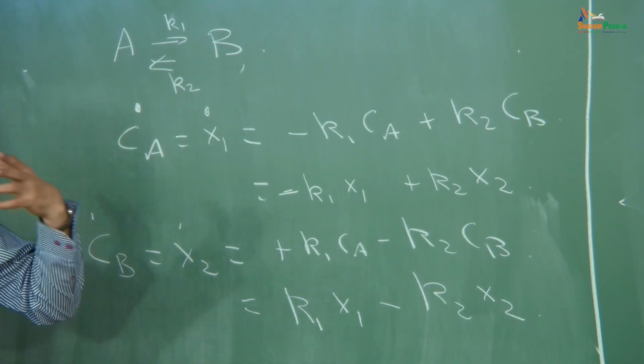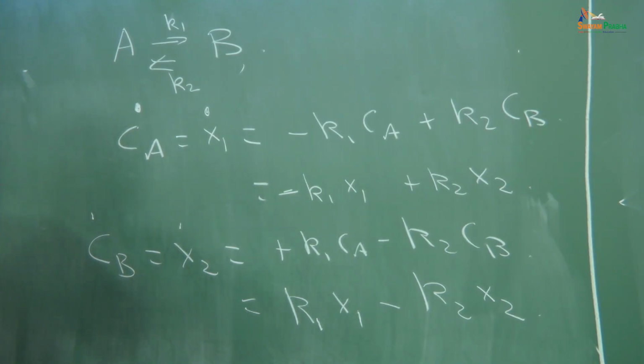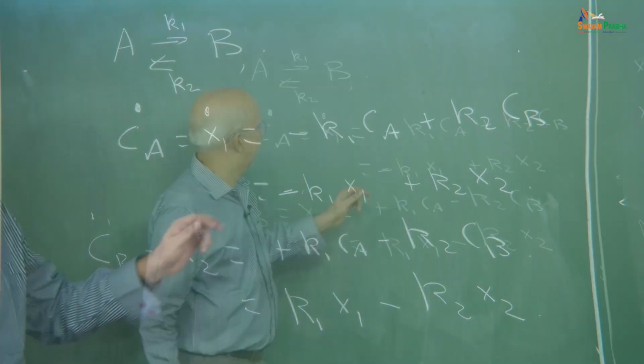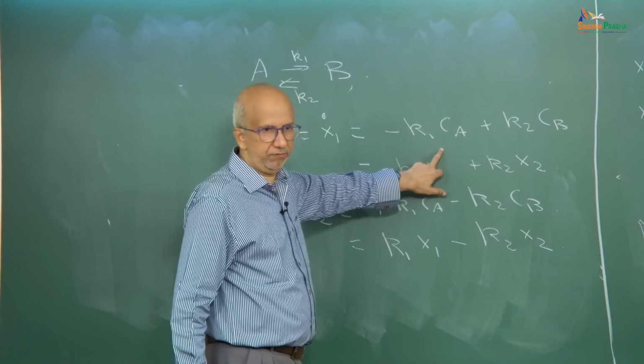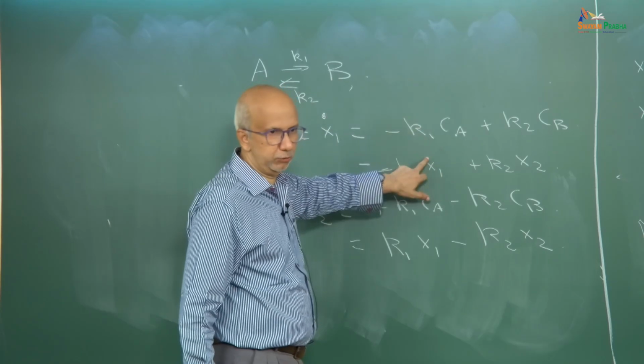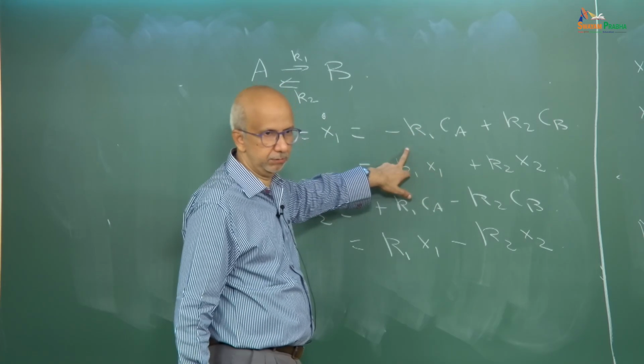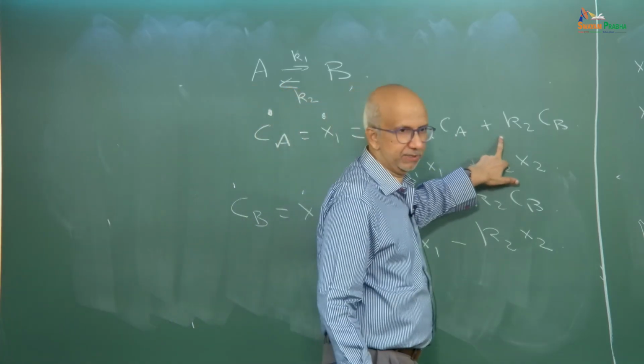See, from the physical point of view, if you are a chemical engineer or a scientist, because of the first order reaction, A in the forward reaction is getting consumed, so it is minus, and it is produced by the second.